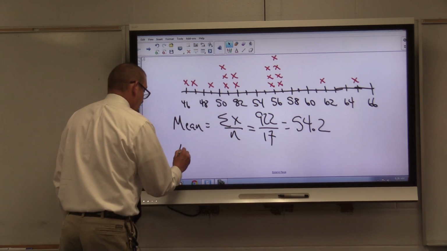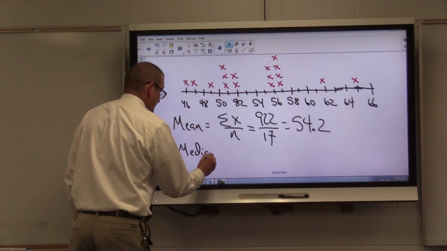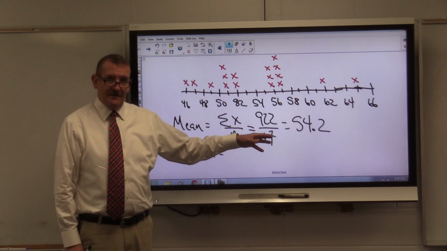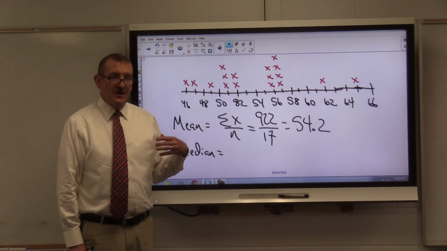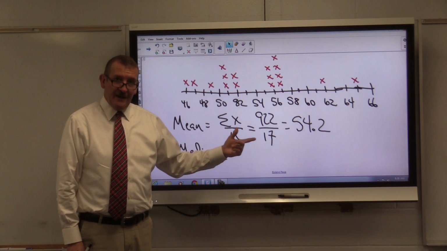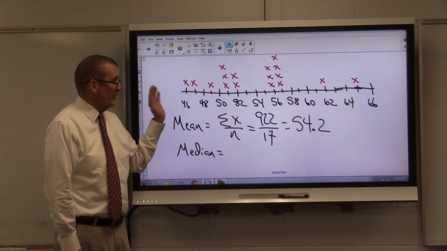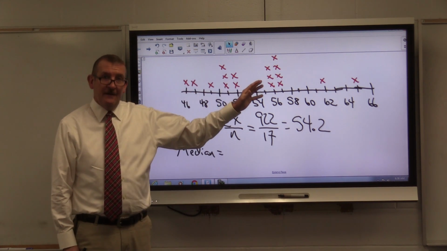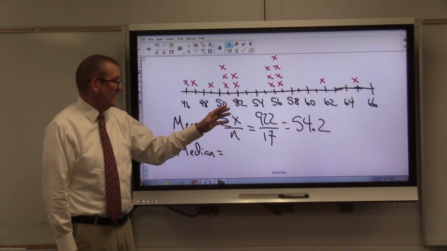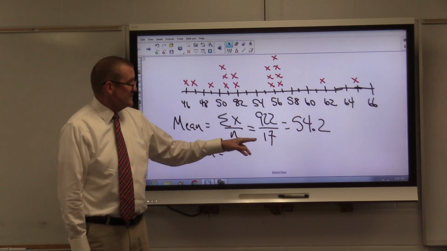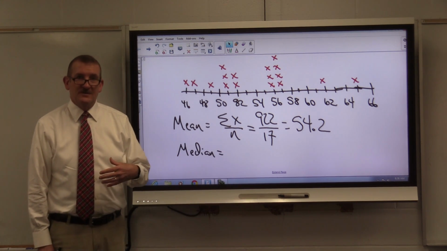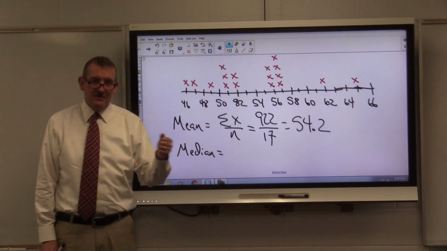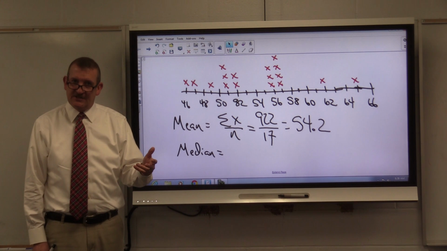Now, I can actually do the median pretty easy. Now again, it's an odd number of entries. So my median is going to be the middle number of this ordered set. The nice thing about a dot plot is it's already in ordered arrangement, from smallest to largest. Since my total is 17, I'm going to have 8 numbers below and 8 numbers above. 8 plus 8 gives me 16.